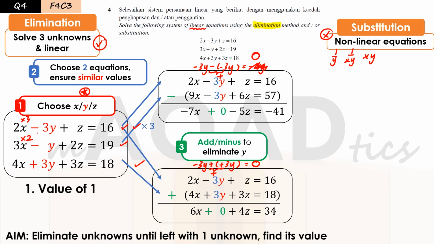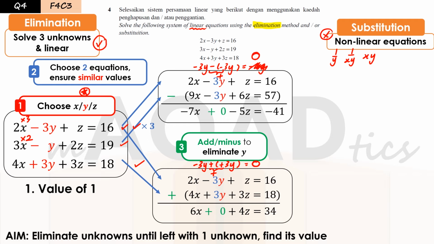Because 2 times 3 is 6, 3 times 2 is 6, and both of them have similar values. But we multiply two values for two equations, so there will be a lot of working and it will increase your risk of making careless mistakes. This is why the value of 1 is very important, because we can save our work and just multiply one value for one equation.